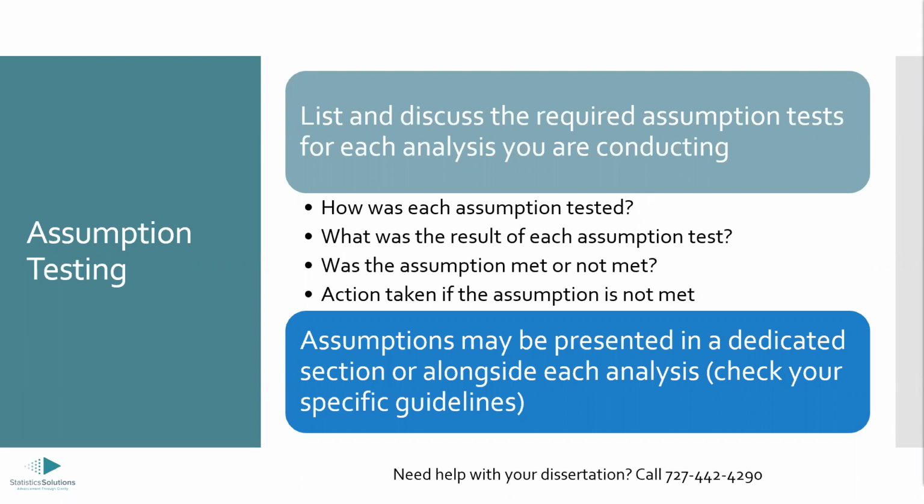And then if normality was not met, what are you going to do about it? So are you going to do some kind of data transformation to make the data normal? Or are you going to do an alternative test, such as a non-parametric test, that doesn't require the normality assumption? So you'll want to do that for each assumption for each statistical test that you are conducting.